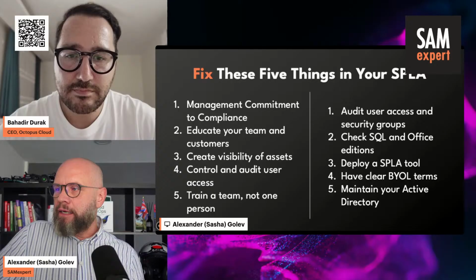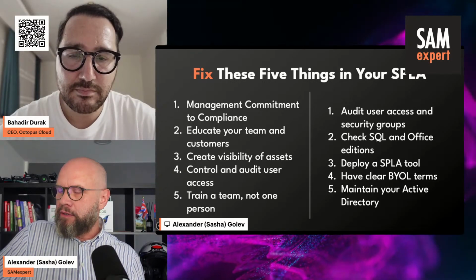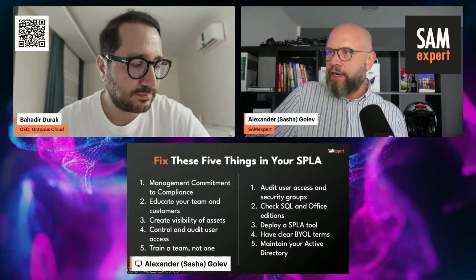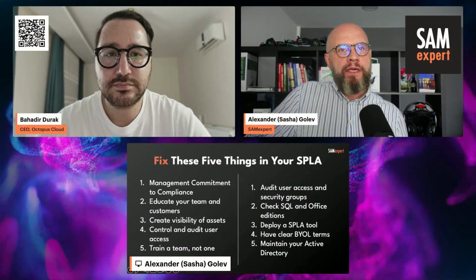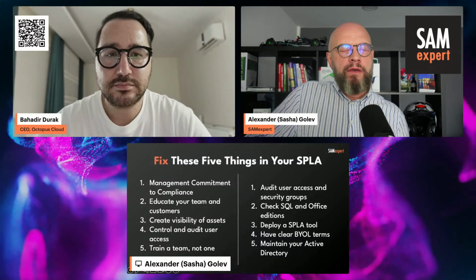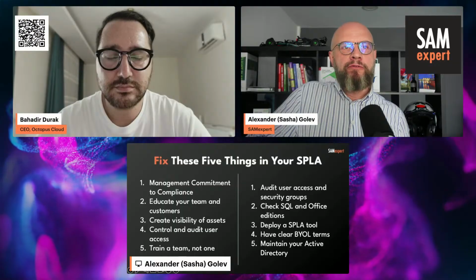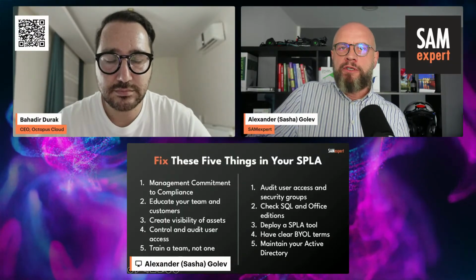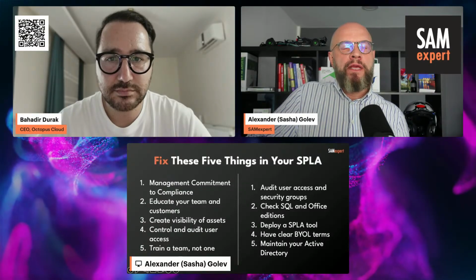And the last thing I want to discuss on our list is bring your own license terms. So, say a tool finds that there's something deployed in your estate that is not licensable, or an auditor, God forbid, runs the scripts and you find, without reviewing the scripts, without reviewing your estate, you just jump straight into an audit and you find that something is there that maybe the end client brought in.